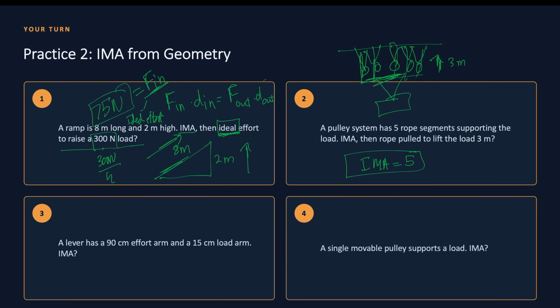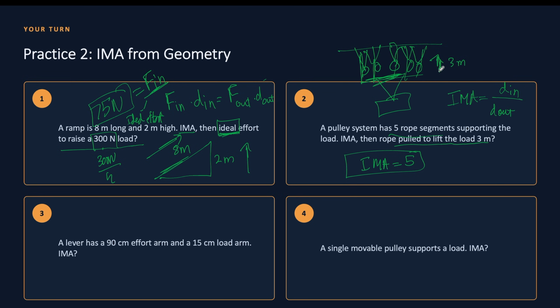And if you didn't understand that, that's fine, okay? I'll go over it more in my pulleys video when I cover that. So that's all good. Then what's the rope pulled to lift the load 3 meters? So how much rope did I pull to lift it 3 meters? Ideal mechanical advantage is distance in over distance out, right?